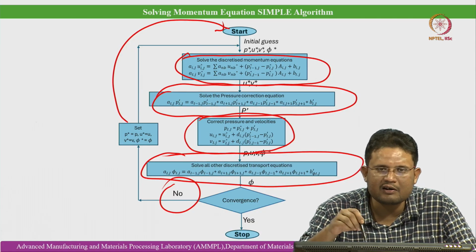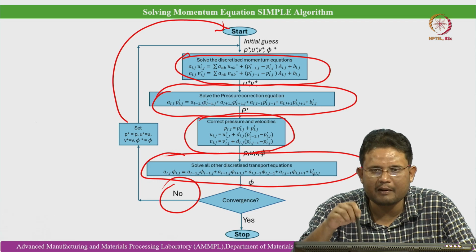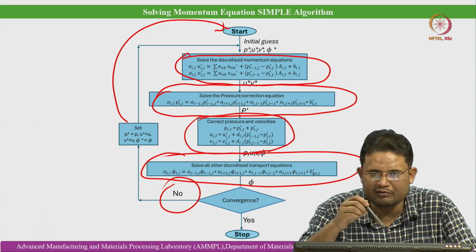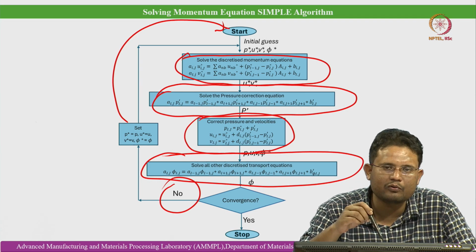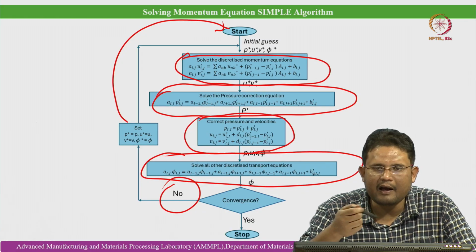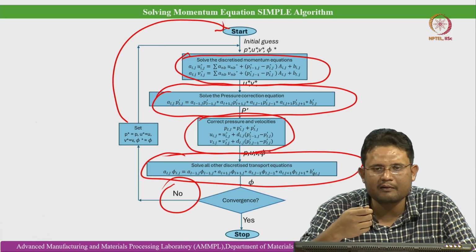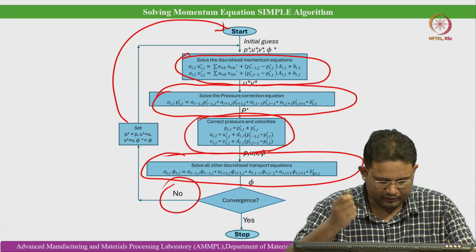So, this is the iterative loop which goes on in the SIMPLE algorithm, and thereby we estimate the appropriate values of velocity, pressure as well as the field variable, and that basically demonstrates the physics of the flow and heat and mass transfer problem which we are trying to solve.